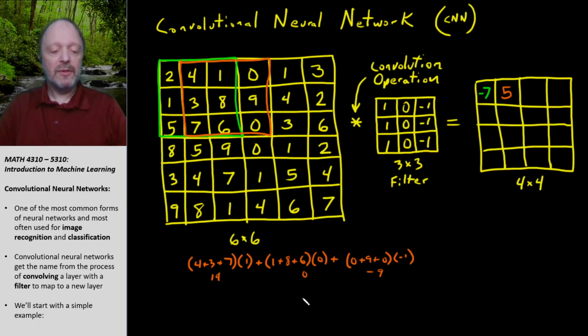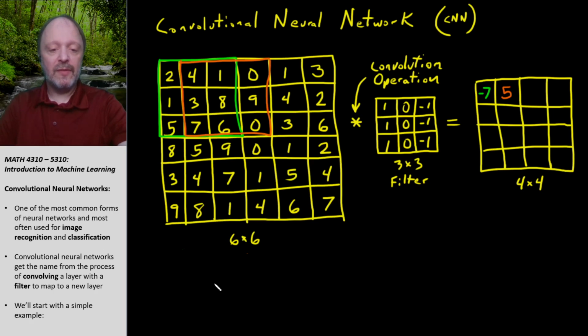Okay, let's do another one. That's a lot easier, right? Yeah, that's a much, much easier way of doing that. Alrighty, so now let's go with light blue. And we'll be looking at this set of values right here as we move the filter over by 1 place to the right.